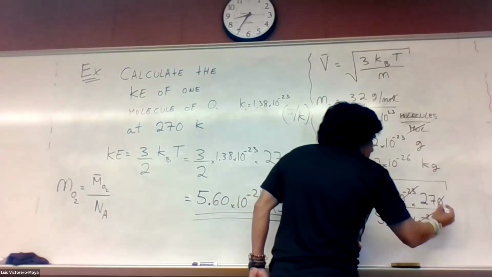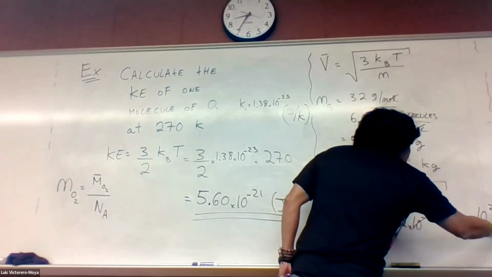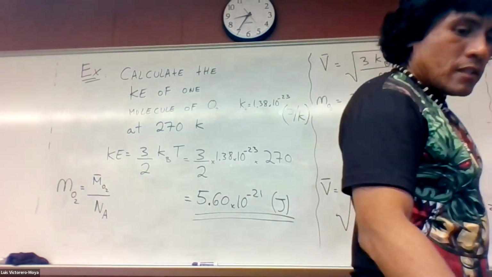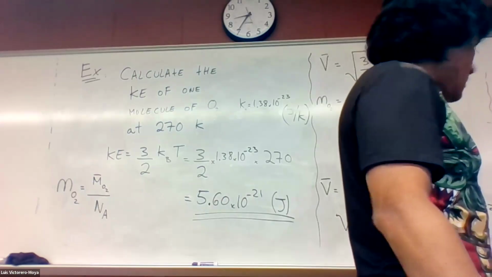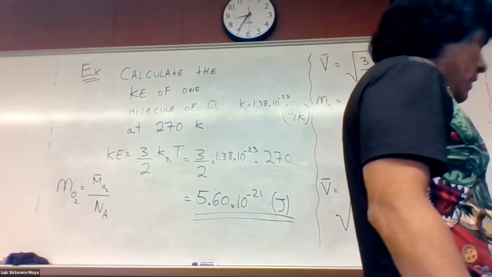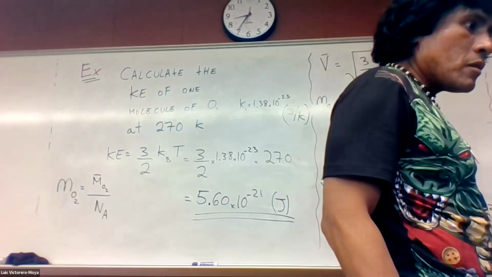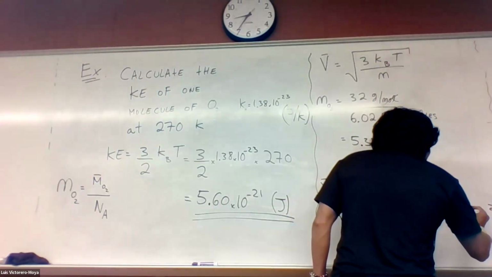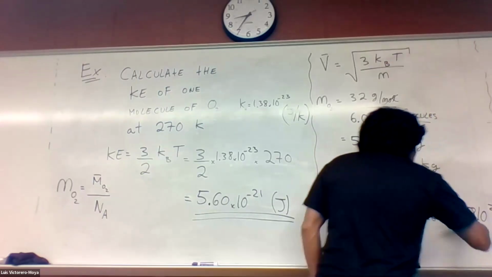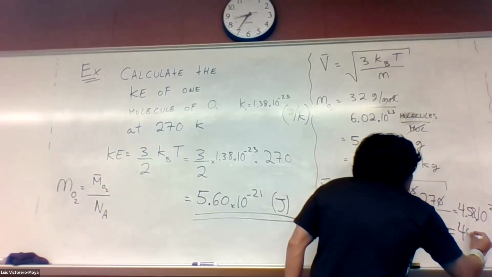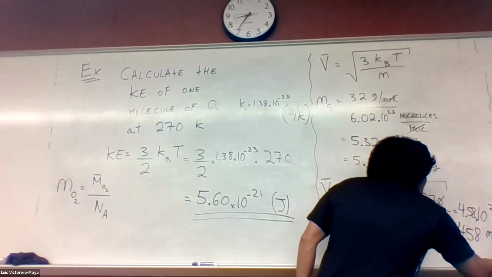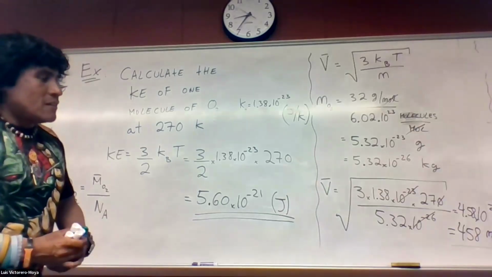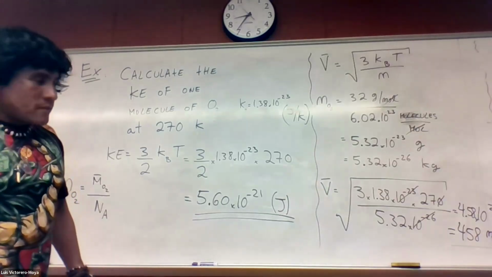Okay, so let's do 3 times 1.38 times 27 divided by 5.32. I get 4.58. So this is about 458 meters per second. That's the speed of the oxygen.